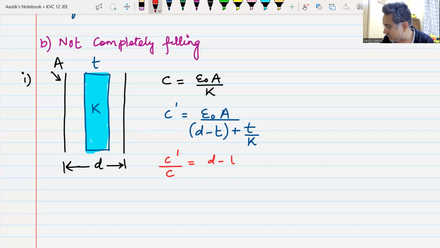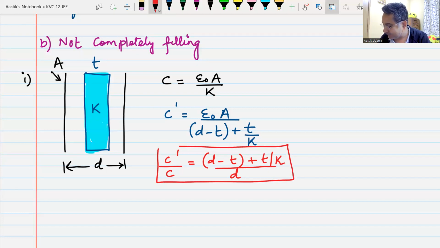It will be D minus T plus T by K divided by D. The new capacitance would be this much. And this is what you have to remember. The new capacitance can be written like this.